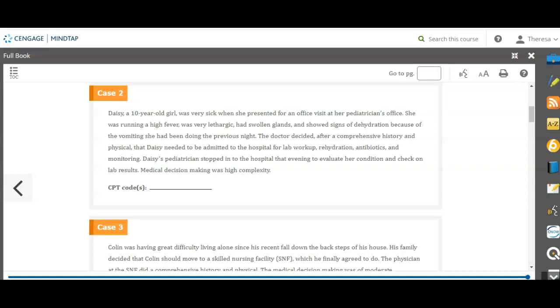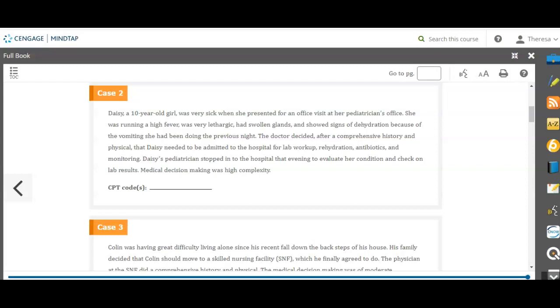Look along these tables and find the one that says initial hospital care. In my book, it is on the very first page of the tables, the bottom half, the second one. And it says new or established, so we don't need to worry about that, because that can be very important. You need to know that information.